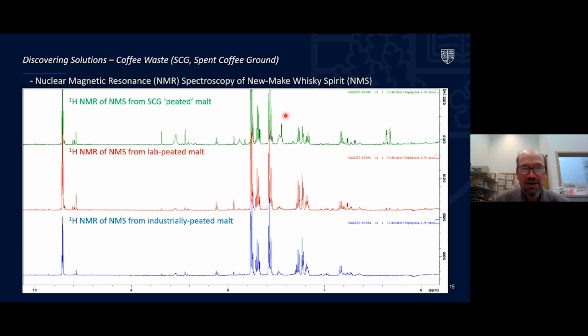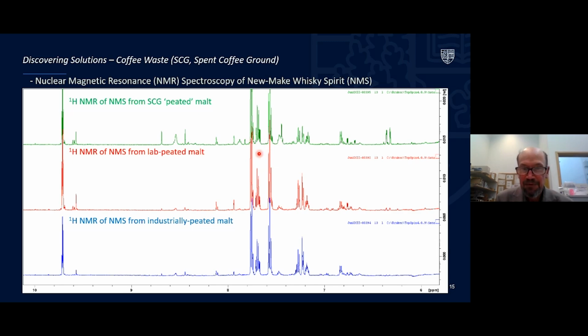Obviously, 3 years is a long time to wait when you're doing scientific experiments. And so we tend to use these so-called new make spirits rather than the final matured spirits. These new make spirits are the spirits before maturation. It only takes about 2 weeks to make Scotch whisky new make, which is okay, but it takes 3 years to make matured whisky, which is obviously not very good for us if we're doing analytical science.